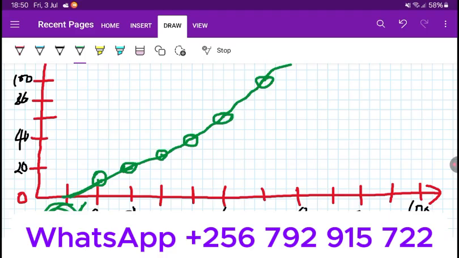And of course, especially when you look at the past paper questions, you'll find that they are going to tell you to draw an Ogive, then they bring out questions.